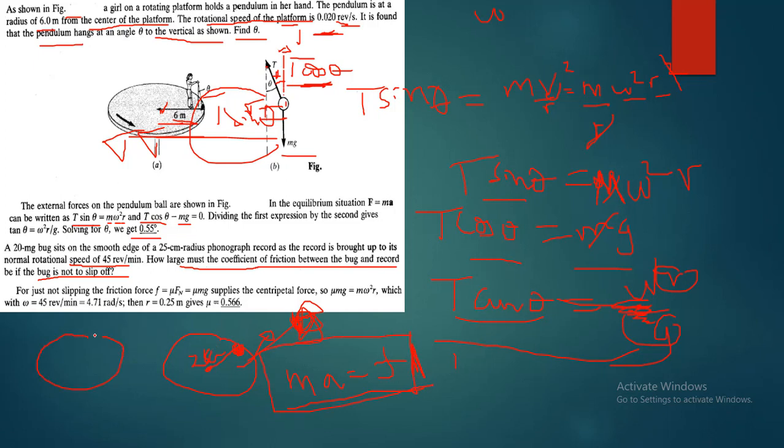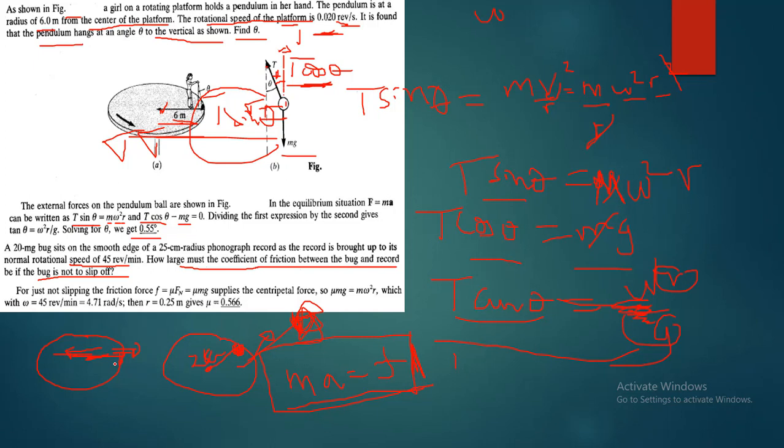If it is like that, the bag is moving radially outward and therefore gets radial acceleration outward, while inside there is friction force. So the bag won't slip off.